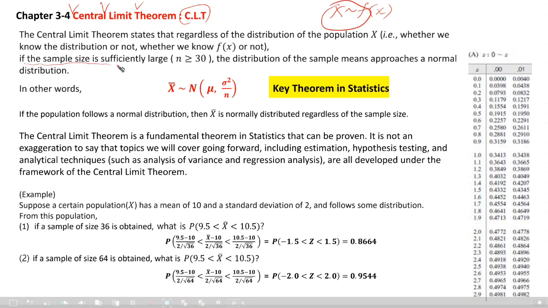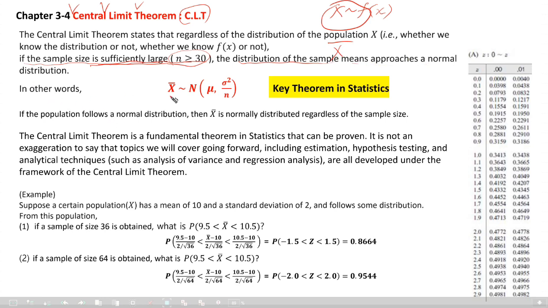If the sample size n is sufficiently large, greater than or equal to 30. We use this size, n greater than or equal to 30. It was found empirically, so just take it as given. The distribution of the sample mean x bar approaches a normal distribution.